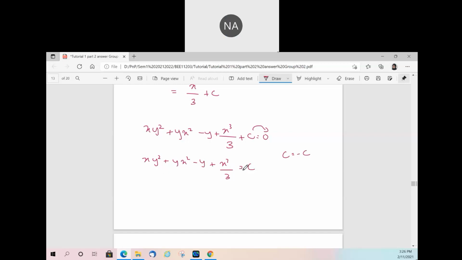Then kalau tak ada, if there is no initial condition, you can stop sampai sini. But then this soalan you are given the initial condition, right? y(1) equals to 1. Then you have to replace x with 1 and y is 1 inside this equation. So 1 square plus 1 square minus 1 plus 1 over 3 equals to c.